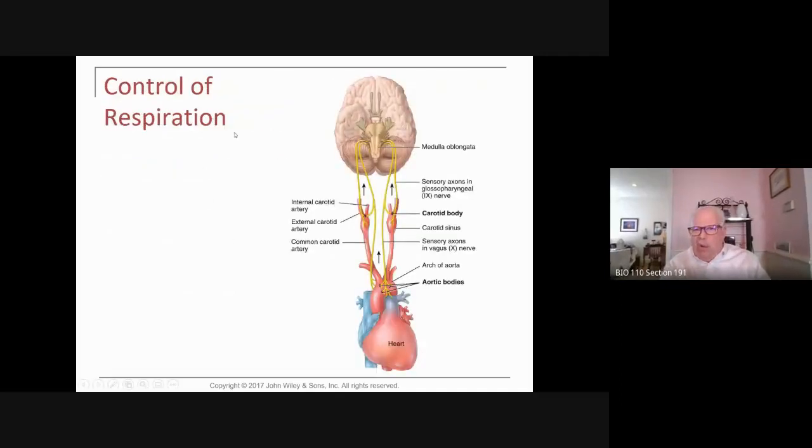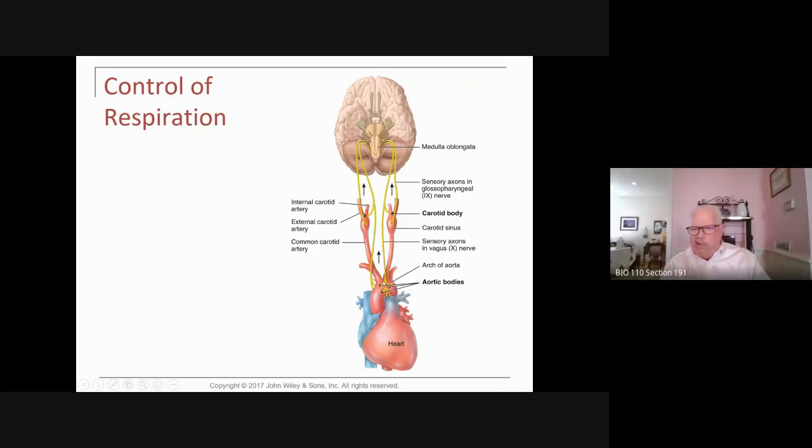The control of respiration is basically from chemoreceptors in the carotid body and in the arch of the aorta.